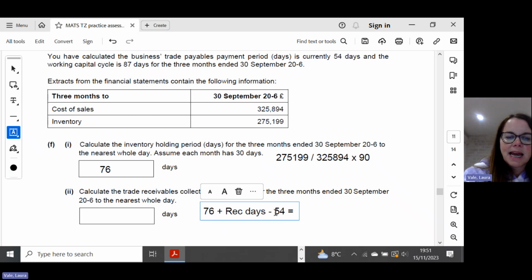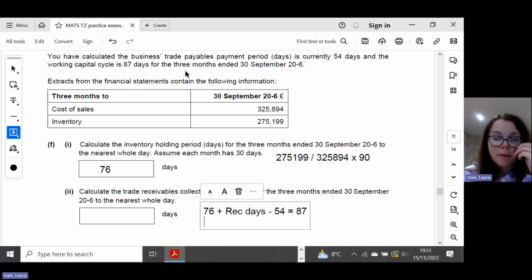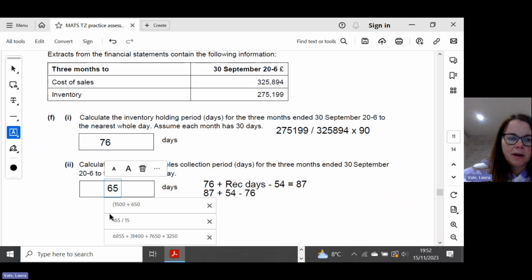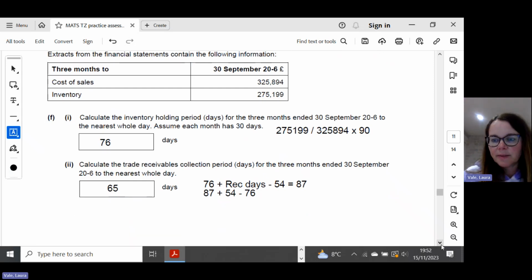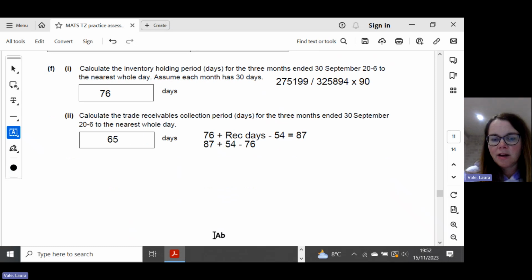And that equals an 87-day working capital cycle. So what we can do is we can now work backwards. So we can do the same thing to both sides. So I'm going to do 87, and then I'm going to add the 54 minus the 76. So 87 plus 54, take away 76, gives me my answer of 65 days. That concludes the paper.